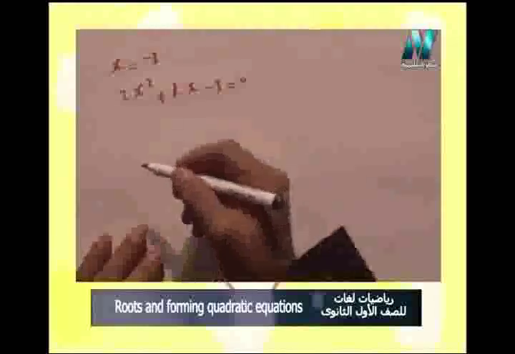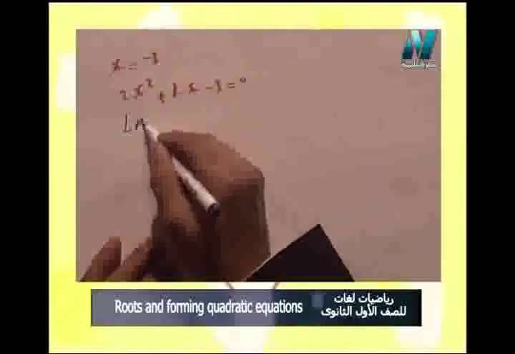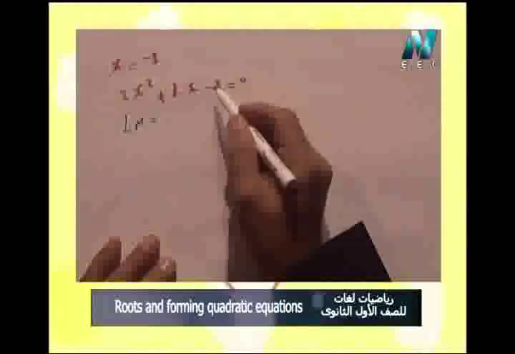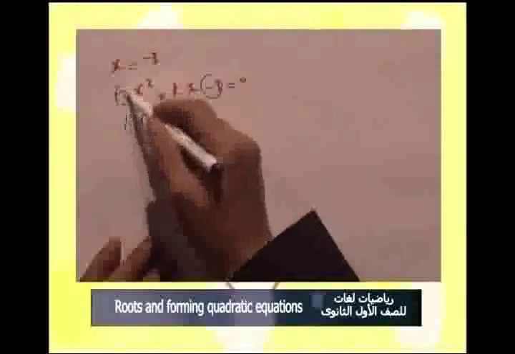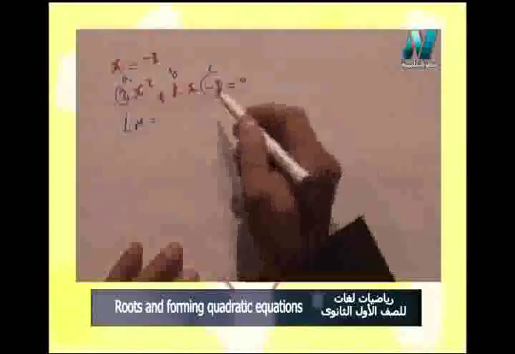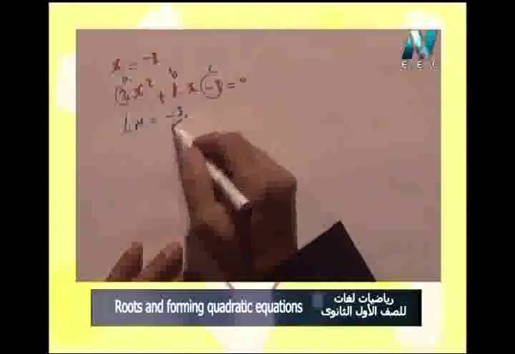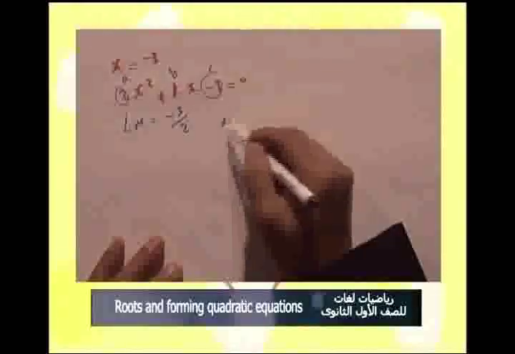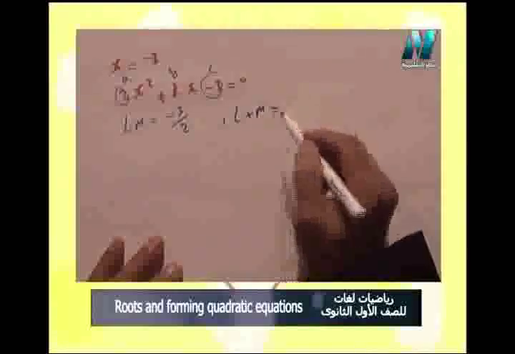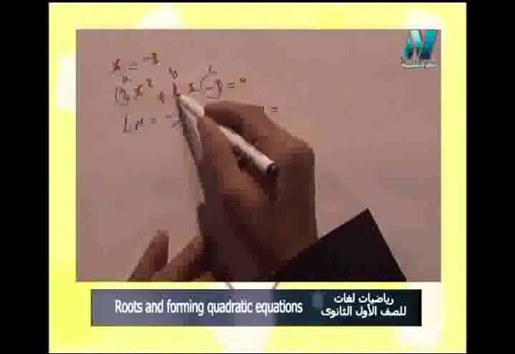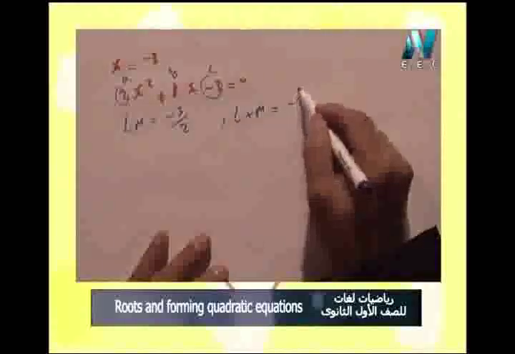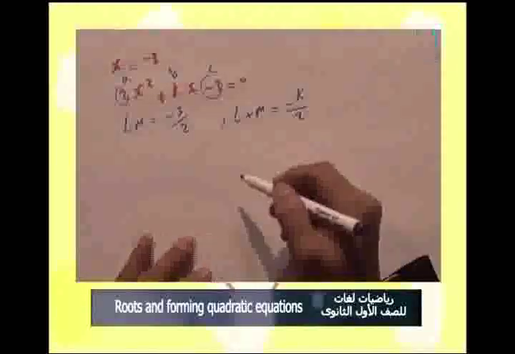We know that the sum of the two roots equals negative b over a, and the product equals c over a. So the product lm equals c over a. This is a, b and c. C over a equals negative 3 over 2, and the sum L plus m equals negative b over a, which is negative k over 2.